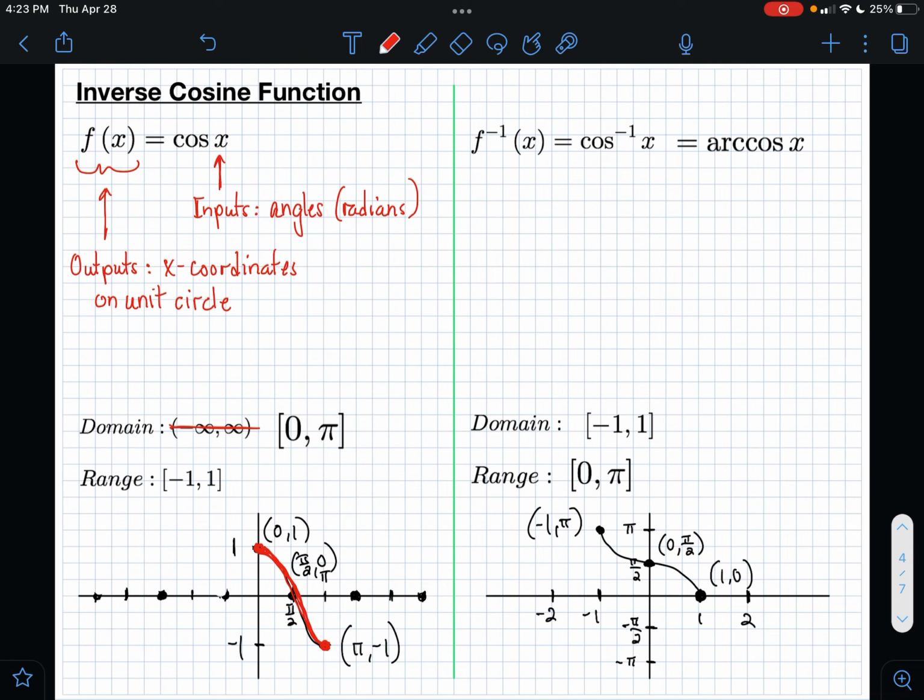Here, the input values, whichever form of it we're using, are x coordinates on the unit circle. And the output values are our angles in radians.